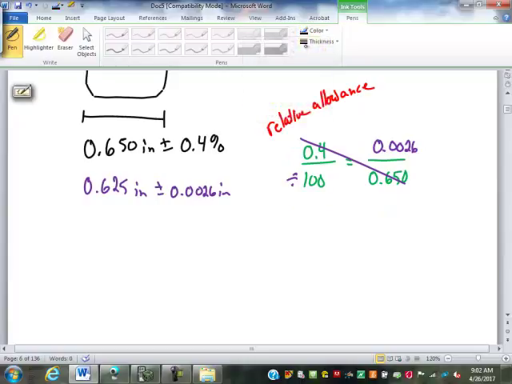Relative allowance? Yes, the percent is the relative allowance. We converted it. This here is an absolute allowance.